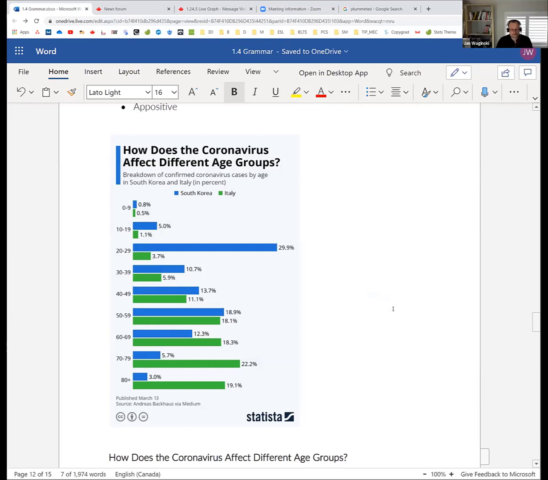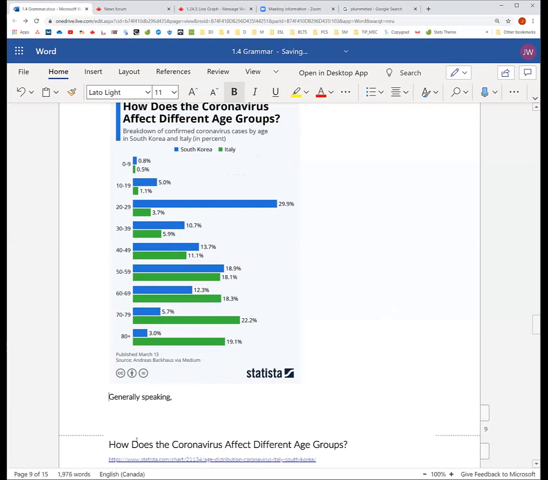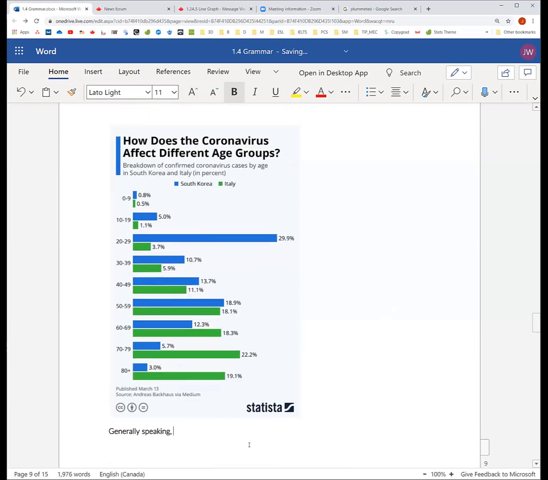And on the other hand, in Italy, the number of affected cases. Or, by age group, we can say the 20 to 29 age group in South Korea, they are by far the highest.